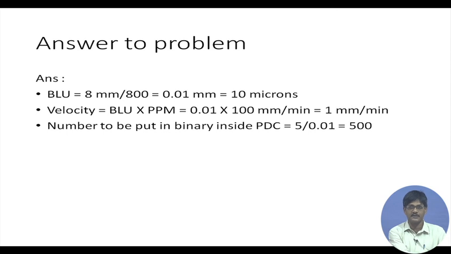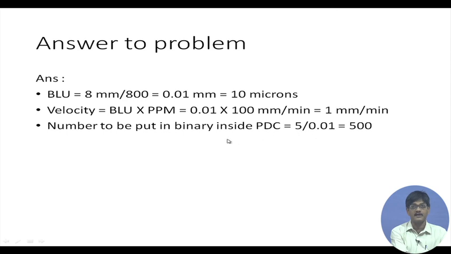So, this is millimeters per pulse and this is pulses per minute. That becomes millimeters per minute, and that means 1 millimeter per minute. But why are we moving it in such a slow manner? This must be microsystem equipment. So, it moves 1 millimeter per minute, this is the velocity with which it moves.